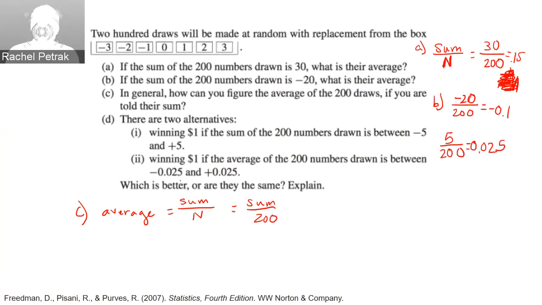So these numbers didn't come from nowhere. You can see that. We know this would be a positive 0.025 here, or if we did a -5 out of 200, we would end up with a negative 0.025. So they're this exact same range, and in this case, these two alternatives are equivalent.